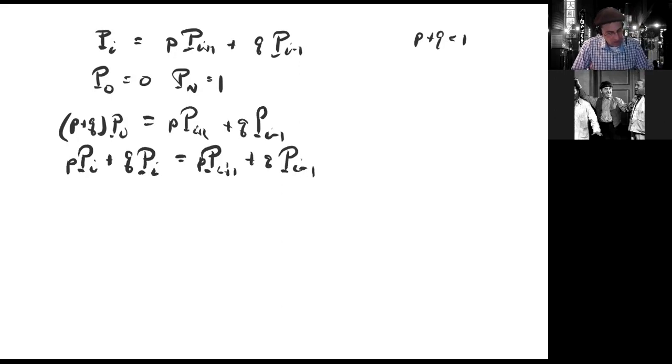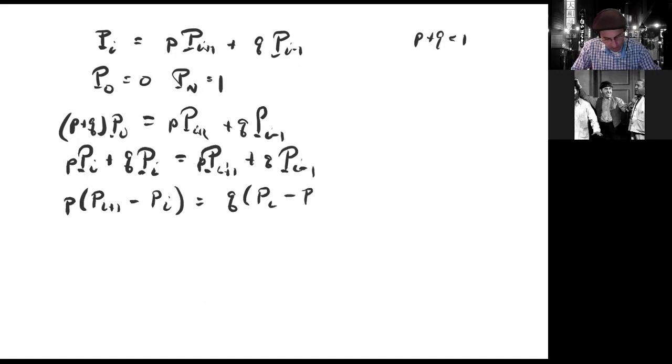You can get the two terms involving the lowercase p together, and you'll get P times P sub I plus 1 minus P sub I equals Q times P sub I minus P sub I minus 1. Okay, and if you want to, you can divide both sides by P. I'm assuming P is not 0 when I do that.